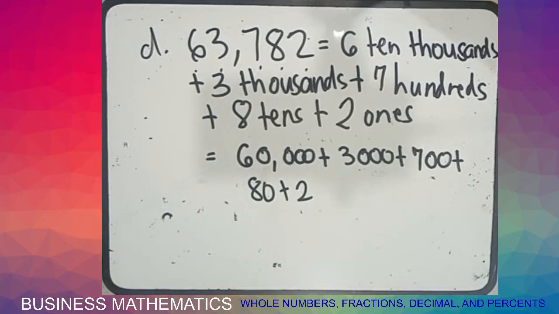Alam na natin yung pagsusulat ng numbers into words, then from words to numerals. Marunong na rin tayo magsulat as expanded form. So, ang sunod natin gagawin ay magra-round off naman tayo.